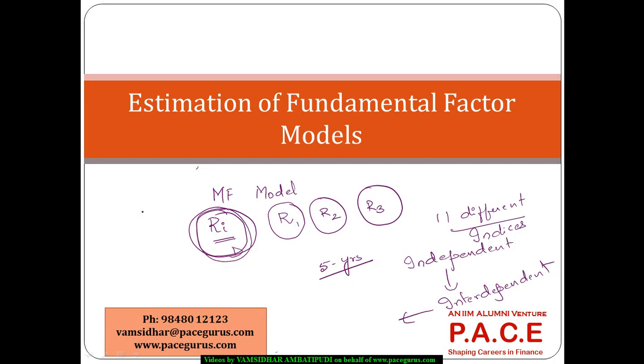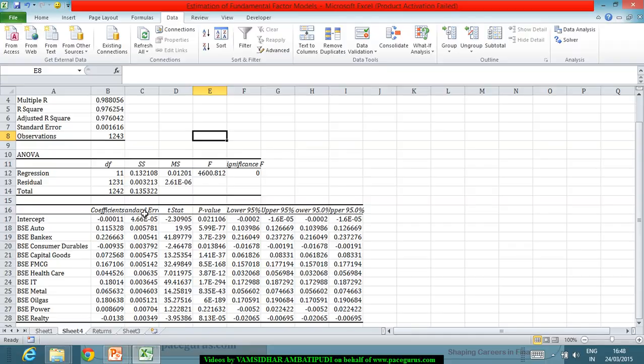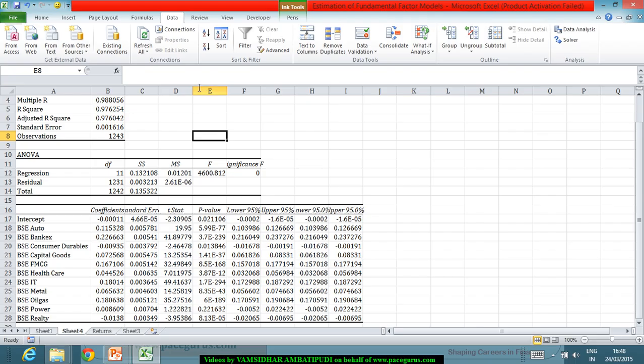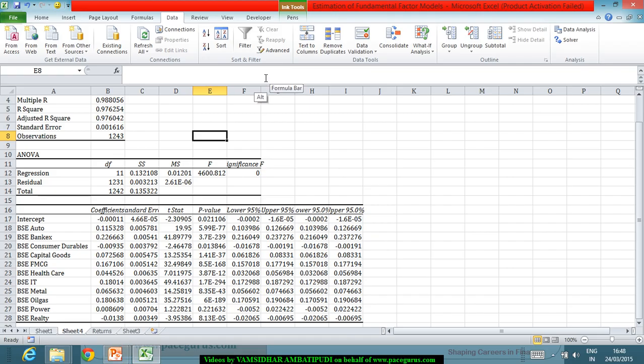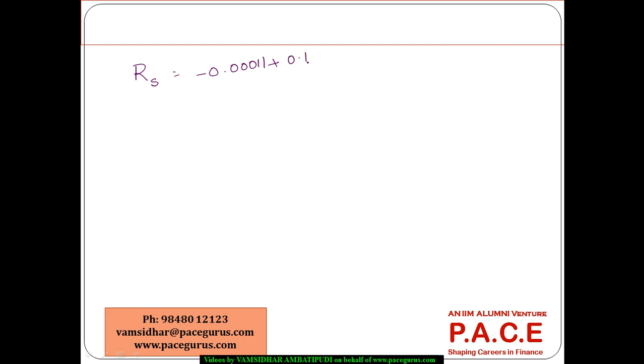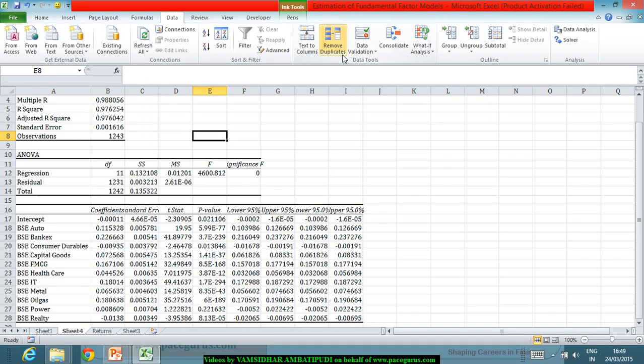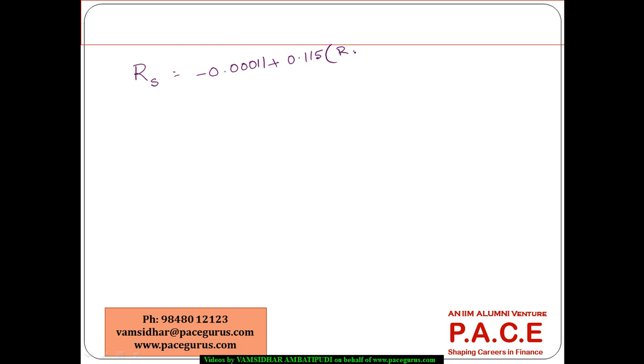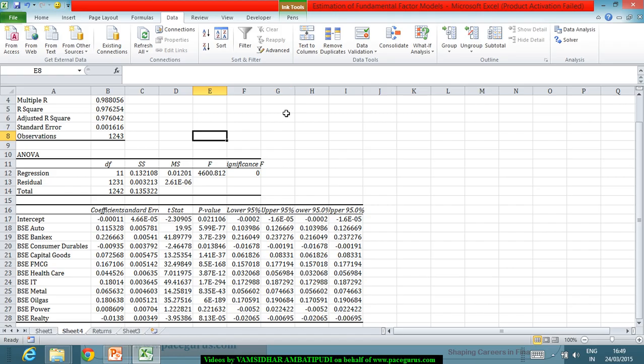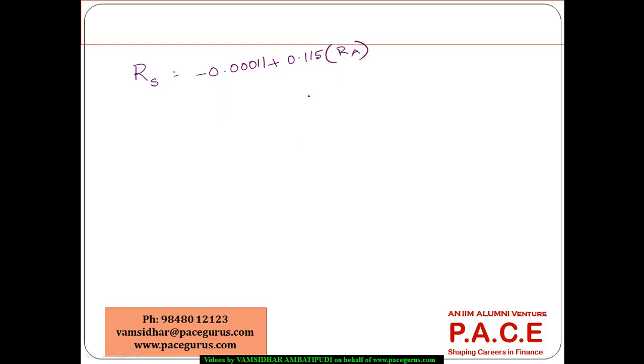My overall expression works out as, the return on the Sensex is equal to minus 0.00011 plus 0.115 times the return on the auto index, plus 0.226 times the return on the banking index.